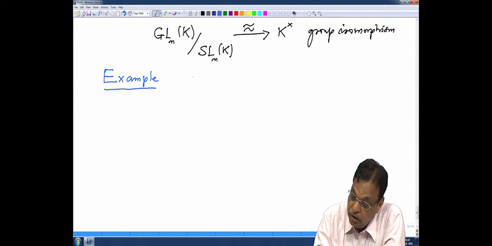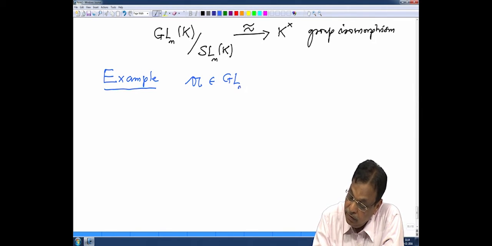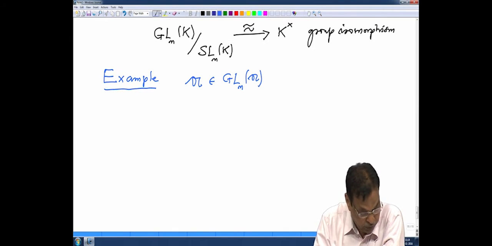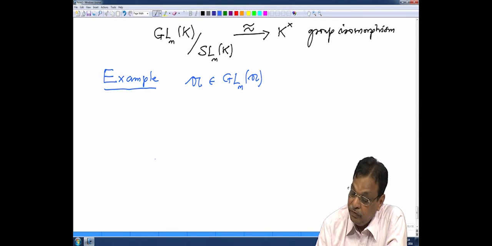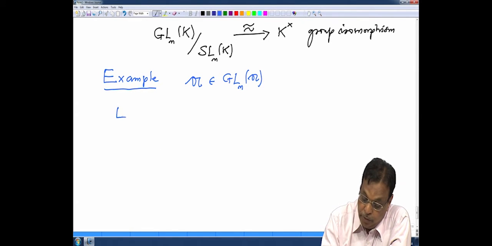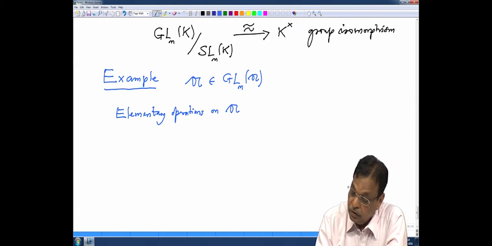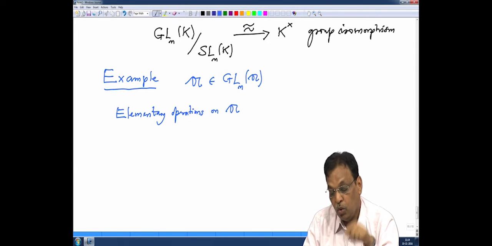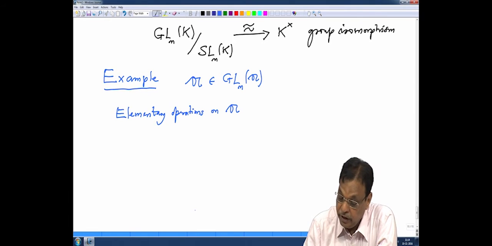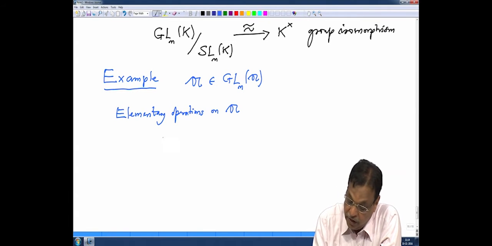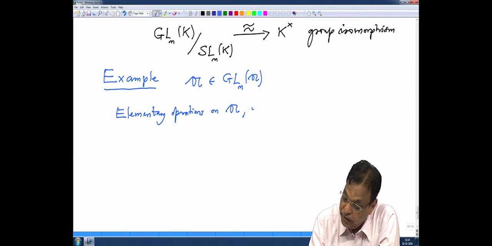So, remember if you have been given an invertible matrix A over a field, we have, by using elementary operations on A, elementary operations meaning row, column and all those operations, we have written this A.